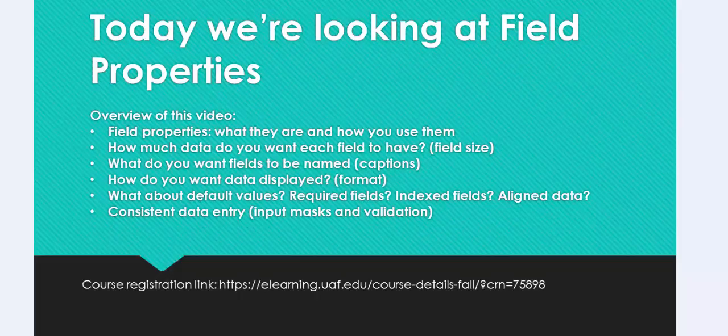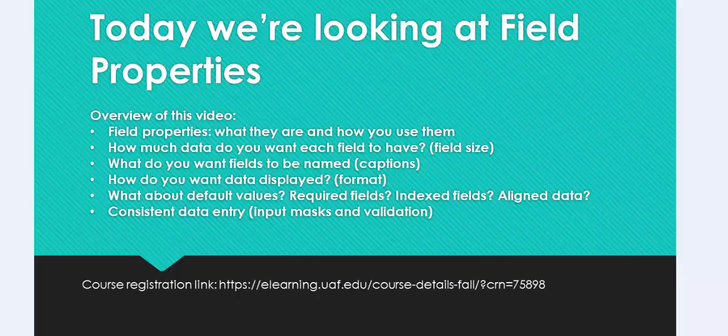What if you want a field to have a default value? How about making fields required? How do you index fields to make them faster to search? Can you align data in your tables to make them look better? How can you make sure data is entered consistently? Can you use logic to ensure correct data entry?